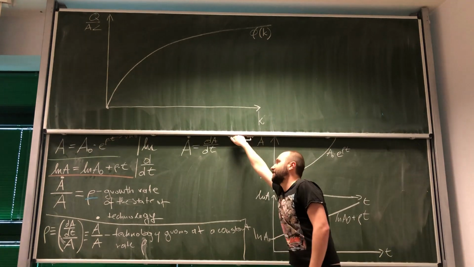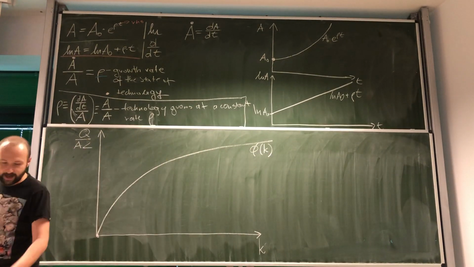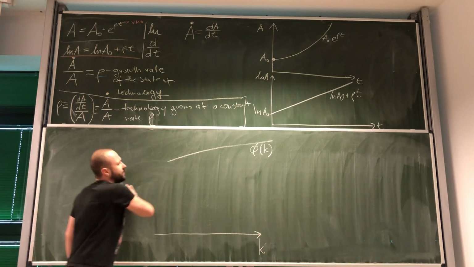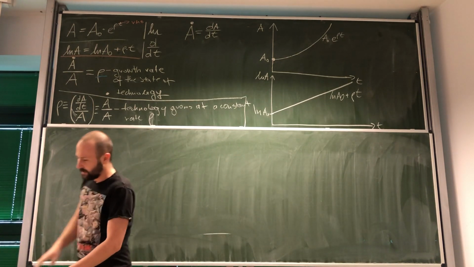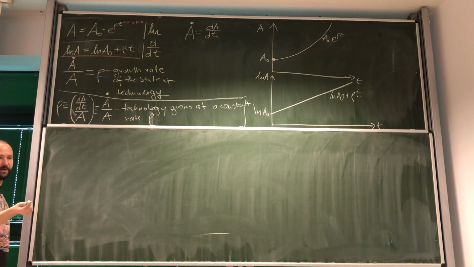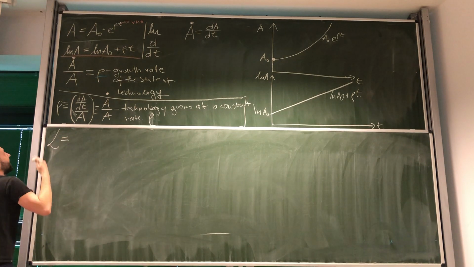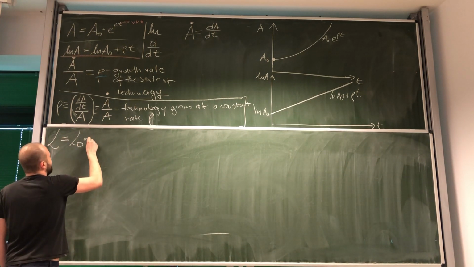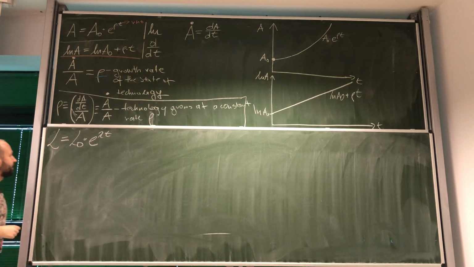Okay, now for the final assumption, we need to do the same thing for labor. Now that we know the trick, how to do it for technology, it is going to be very easy. We've got the labor at time t equal to some L0 times e to the power lambda t.